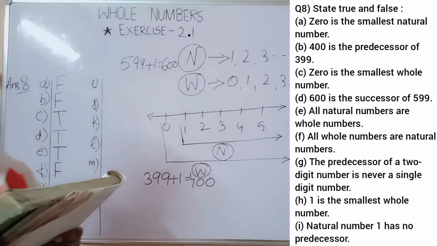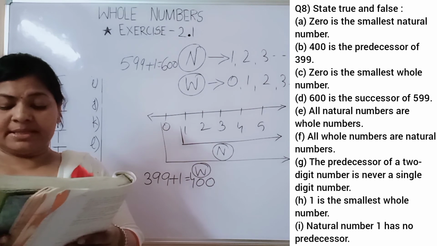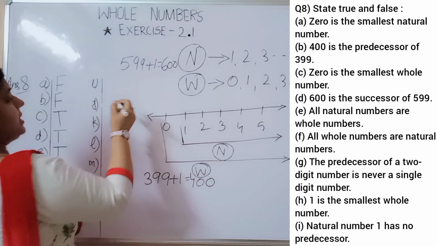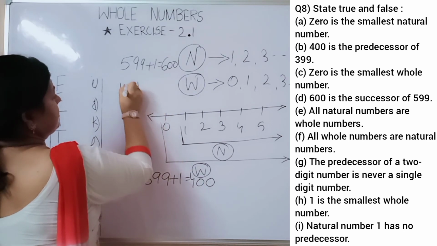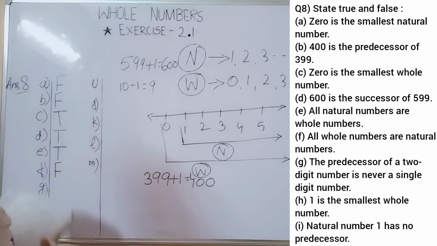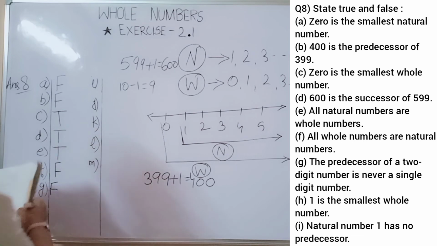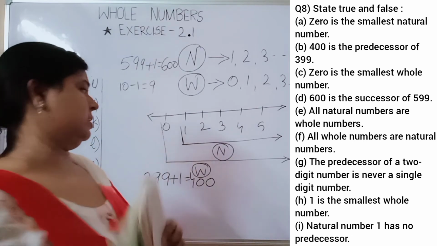Next one. The predecessor of a two-digit number is never a single-digit number. How is it possible? If you subtract 1 from 10, you get 9. It means this is not possible. The statement is false. H part, 1 is the smallest whole number.